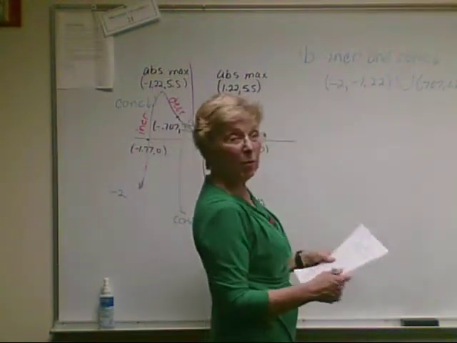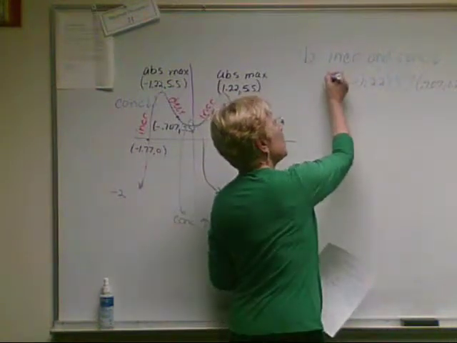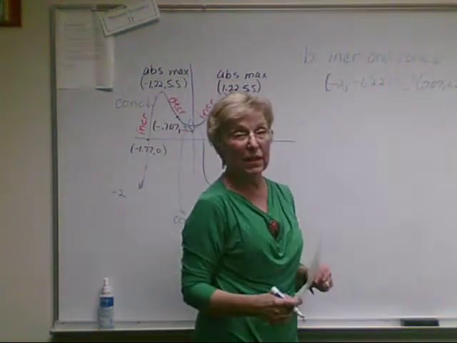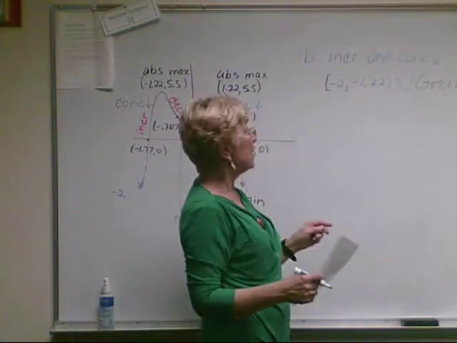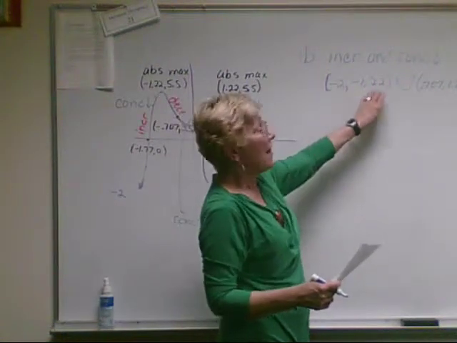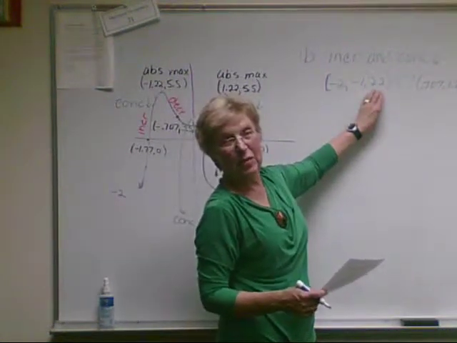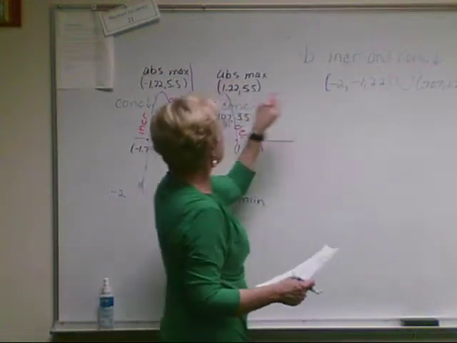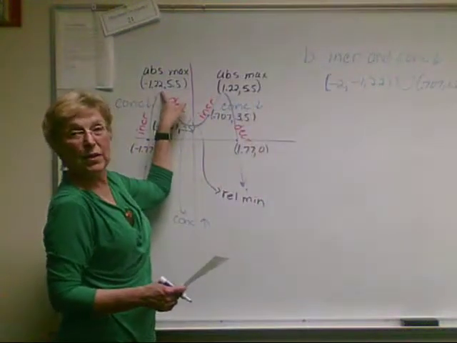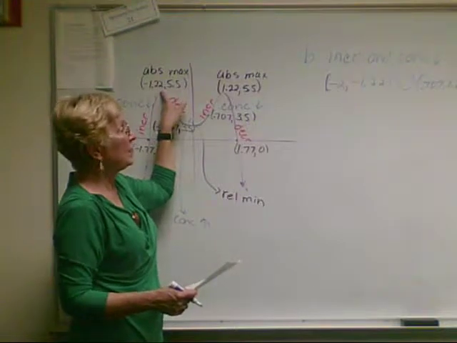Some people would. I wouldn't mark it wrong if you wrote that hard-sided. I really wouldn't. It's sort of being picky to say it has to be soft-sided. This one, however, has to be soft-sided because at the max, it's neither increasing nor decreasing.